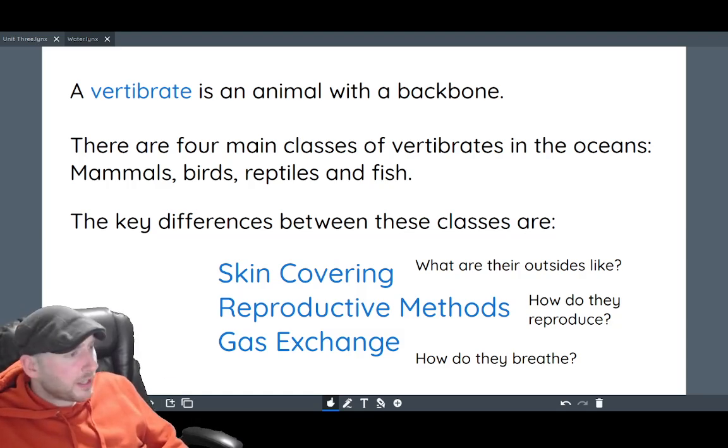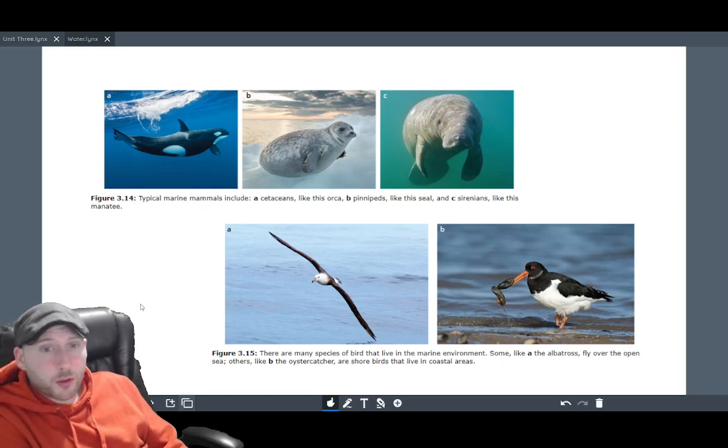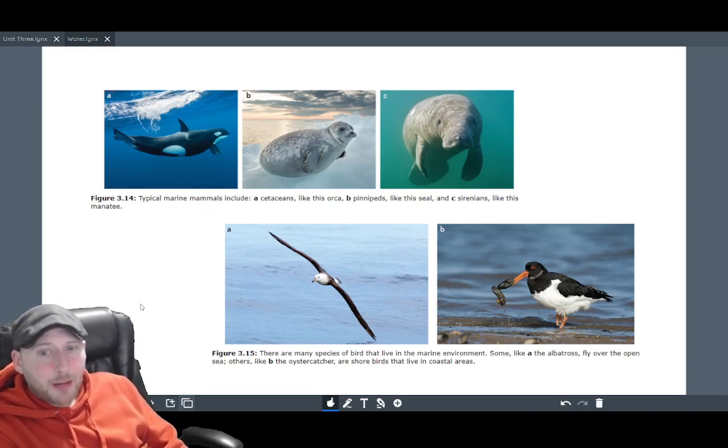So let us use some examples of creatures. These ones taken from your textbook. Hopefully you've seen these already. But here we've got just some examples of different mammals and birds to start with. So even though they are in the same class, mammals can differ hugely from each other, right? So we've got here an orca is our first. That's a cetacean. That's its kind of family of mammals that it lives in.